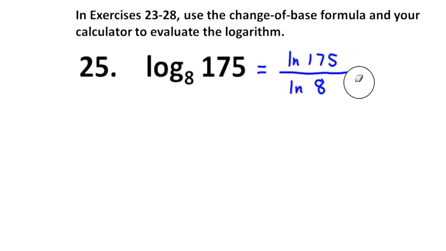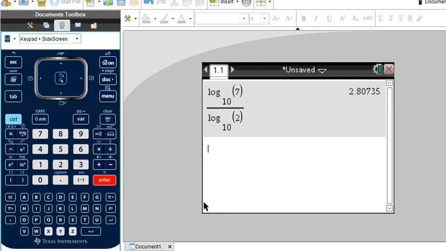Let's do our calculator: ln of 175 over ln of 8.